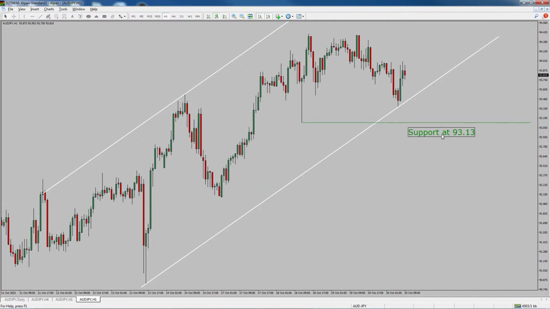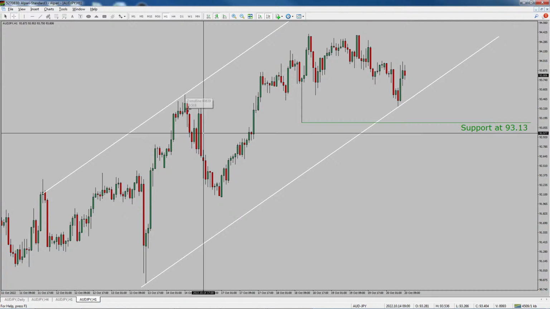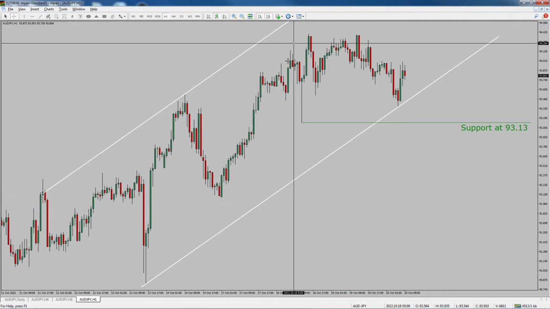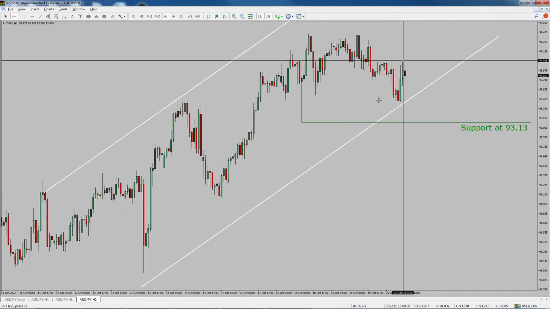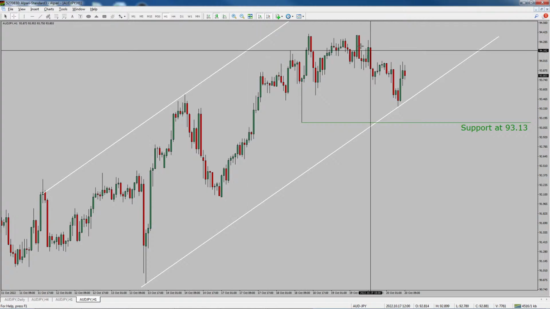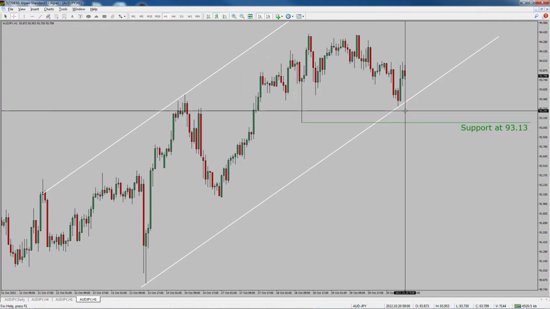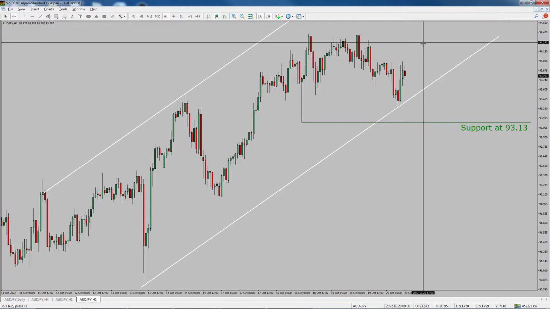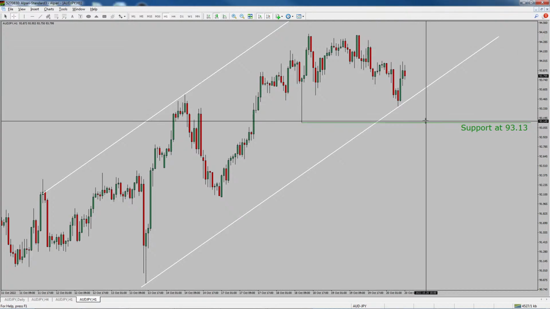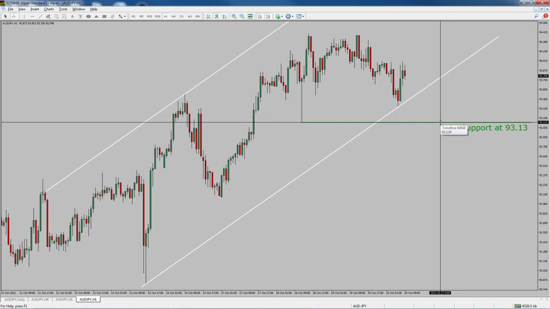This would be a nice support area, and if this is A, B, and wave C is still going on, or maybe we are going to get an X wave, if that is the case, price is still going to move up. So as long as price stays above the 93.13 support area, I'm going to assume that the trend is still up.